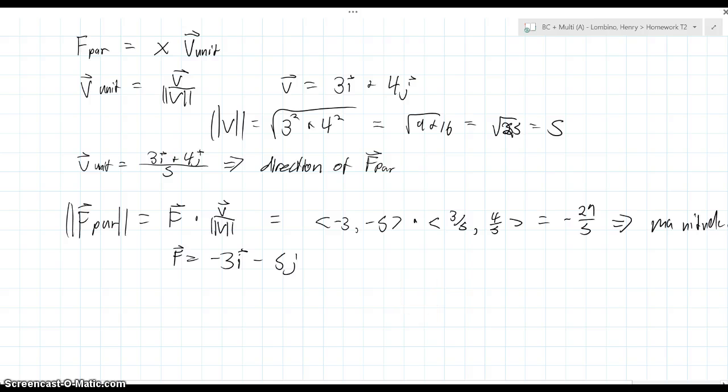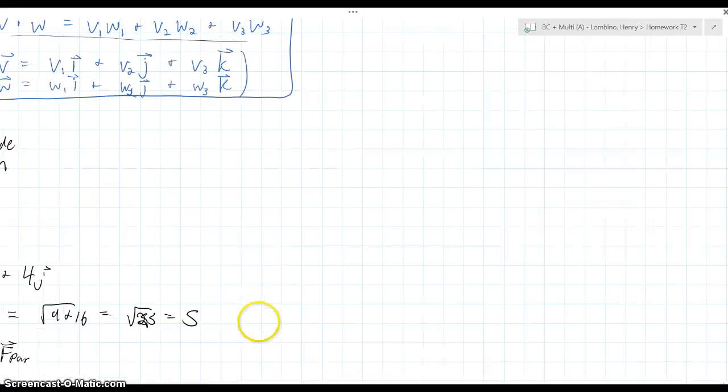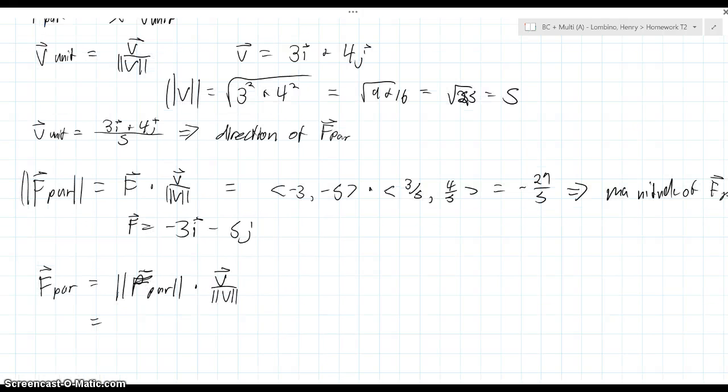So we basically have all the different parts of f par to put together. So we have f par equals the magnitude of f par times the unit vector, and so that is going to equal negative 29 over 5.